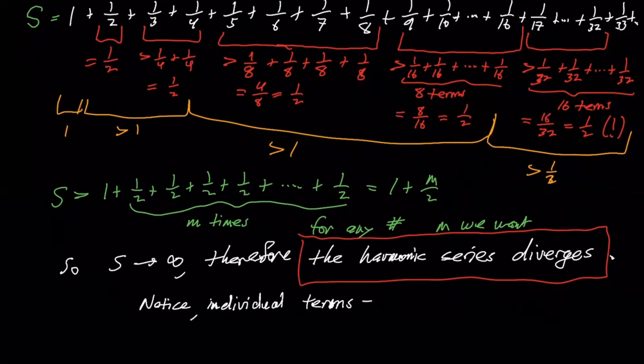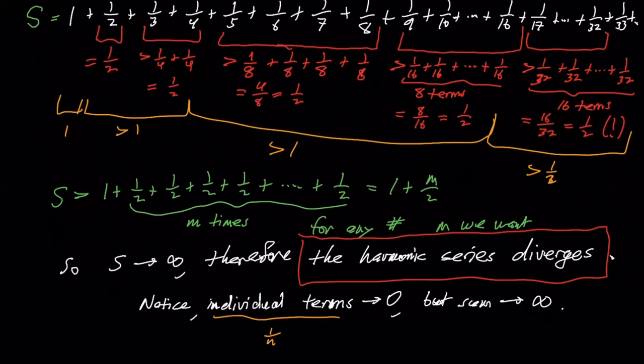The individual terms go to 0, because 1 over n gets smaller and smaller, so you're adding less and less each time. That's what I mean by the individual terms. I mean 1 over n. But the sum goes to infinity.